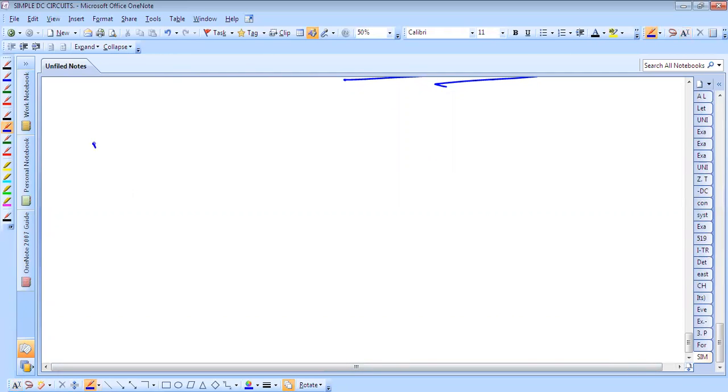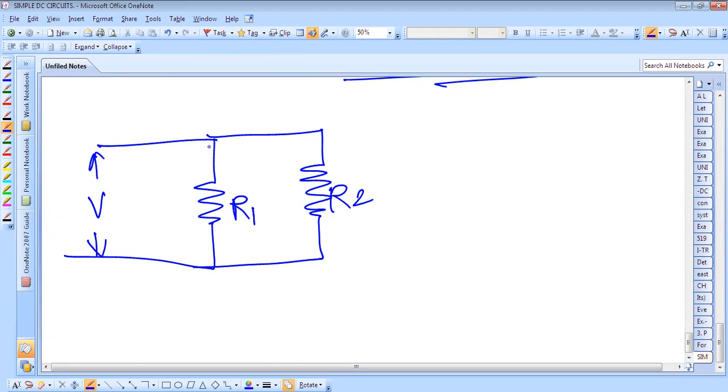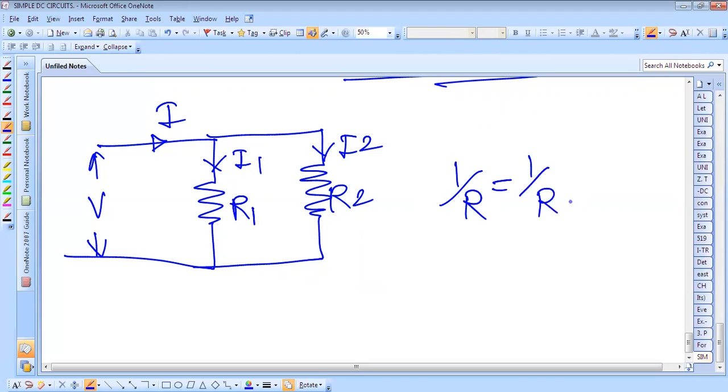Now let us consider two resistors R1 and R2 connected in parallel, with a voltage given to the circuit. The current flowing through them is I1 and I2, and the total is I. When two resistances are connected in parallel, the equivalent resistance is given by 1 by R equal to 1 by R1 plus 1 by R2.